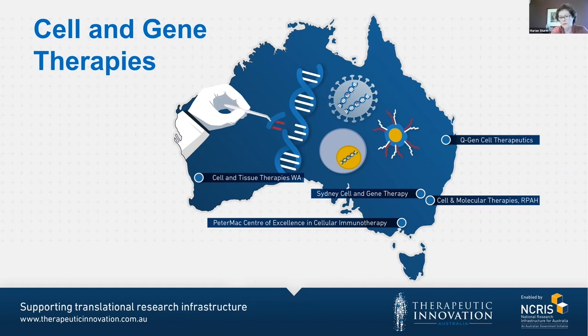Manufacture of therapeutic goods for clinical application in Australia is overseen by the Therapeutic Goods Administration, the TGA, and it ensures the safety of clinical products. And so a critical function of all the facilities is a rigorous quality management system and demonstration of compliance to regulatory codes and standards.